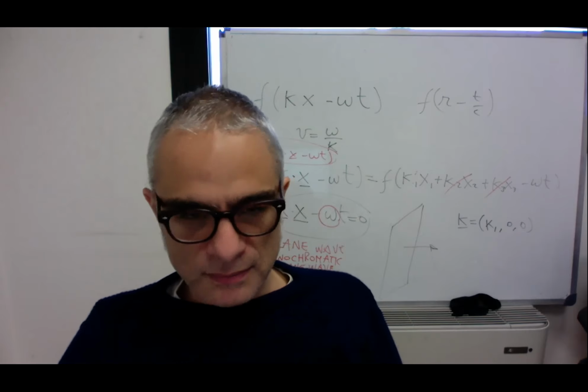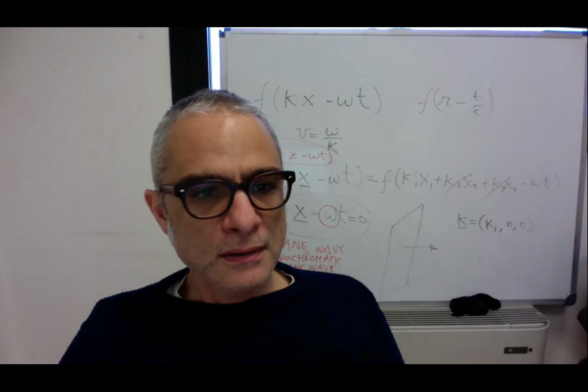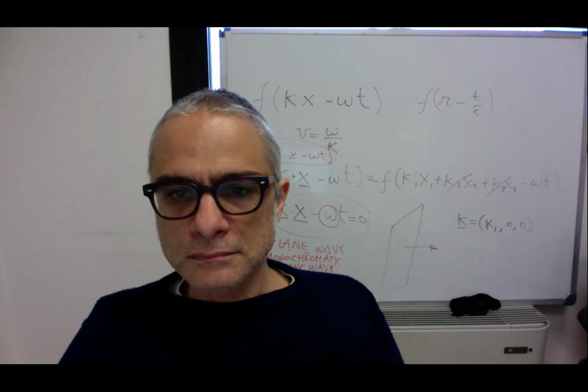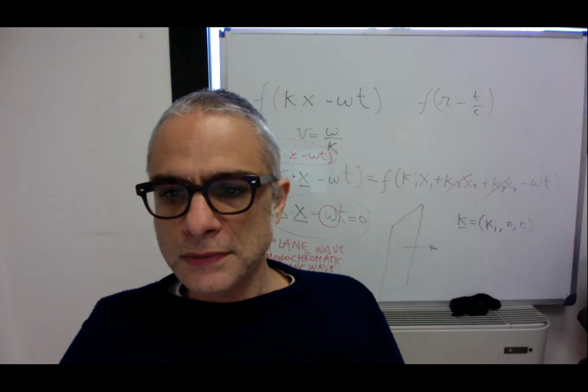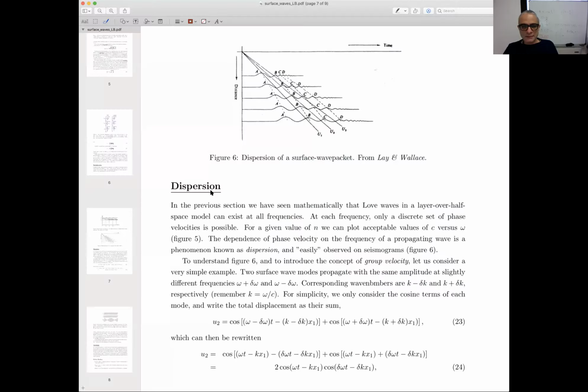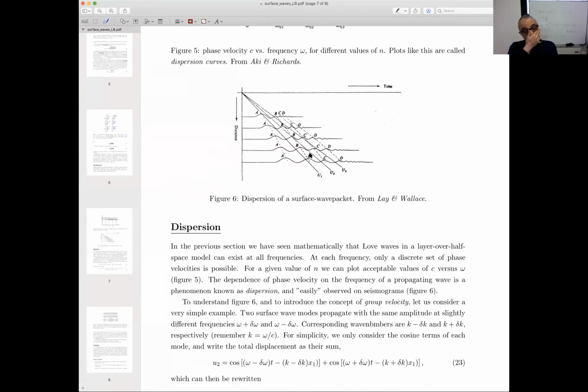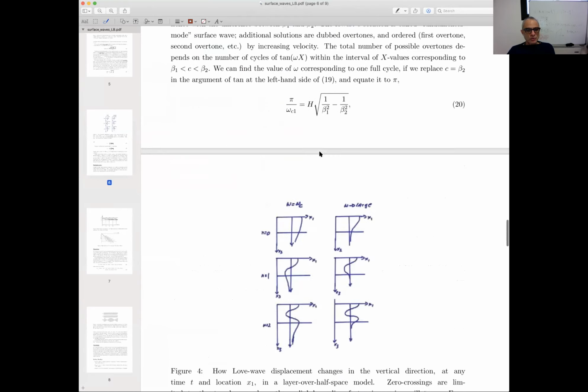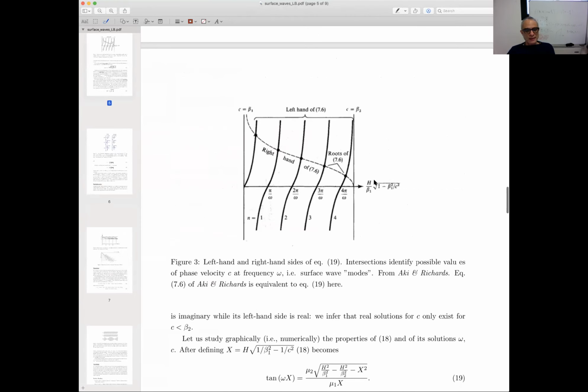Basically, in a nutshell, if you want to think about it empirically, you see that essentially you have a connection here: the velocity of propagation depends on frequency. That's pretty clear. C is omega over K, omega is frequency.